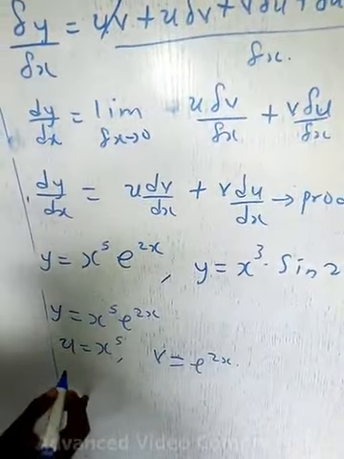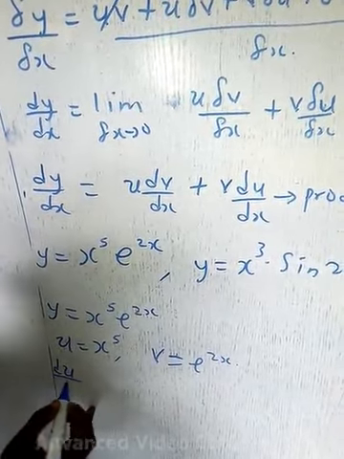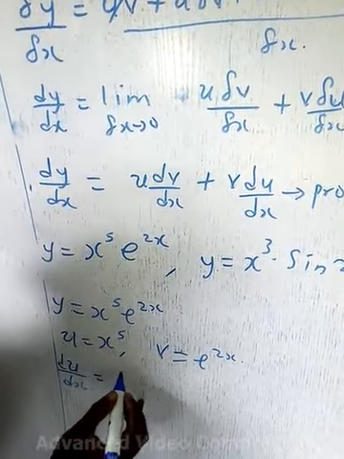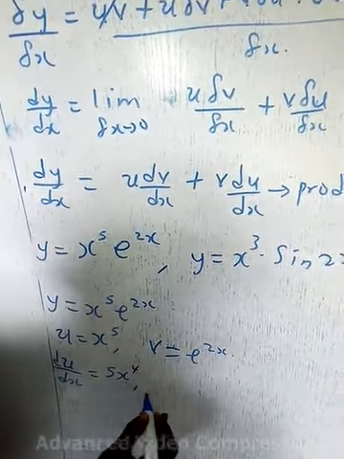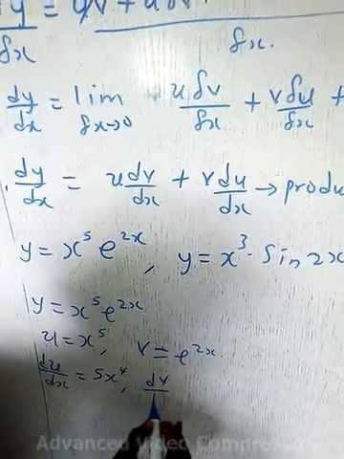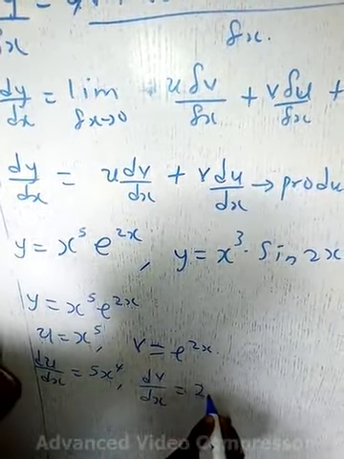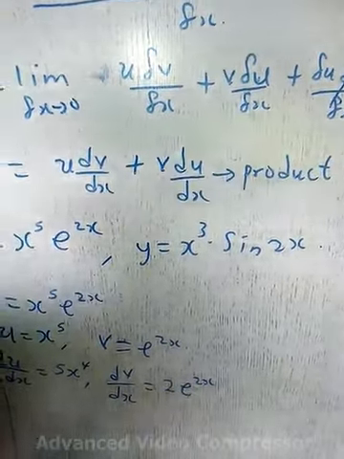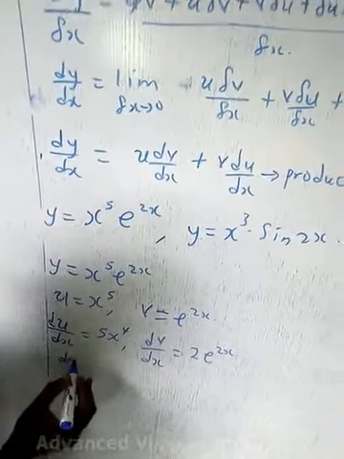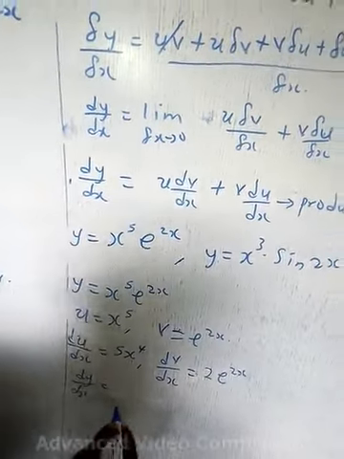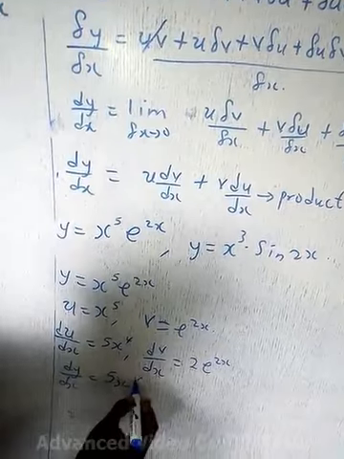So all you just need to do is find your du/dx, and this one is 5x raised to the power 4. Then my dv/dx, this one is 2 exponential 2x. Substituting that, we have our dy/dx according to my product rule.